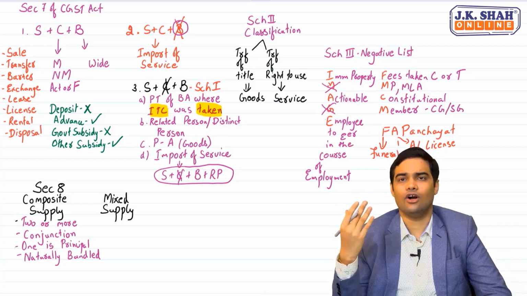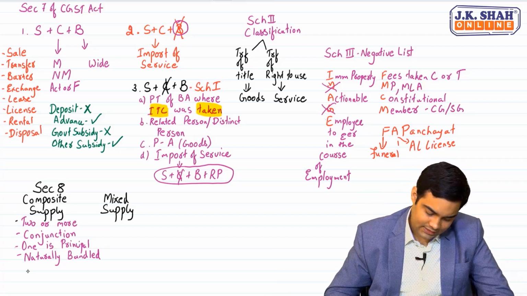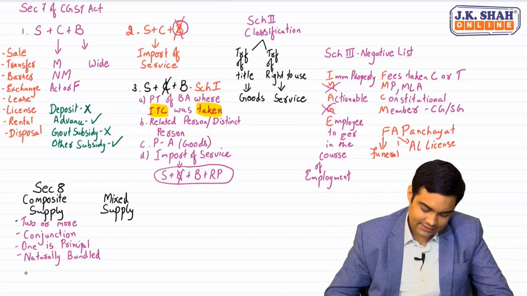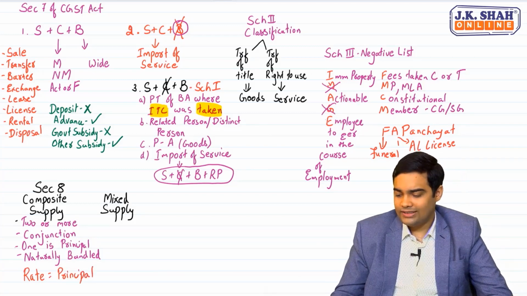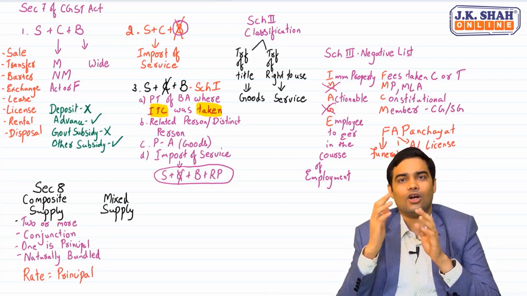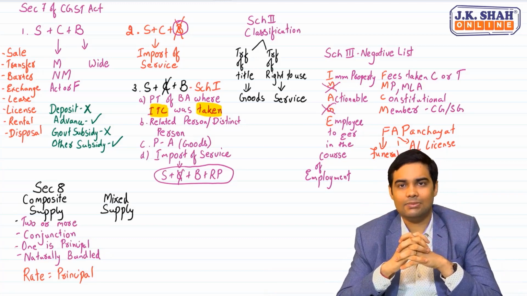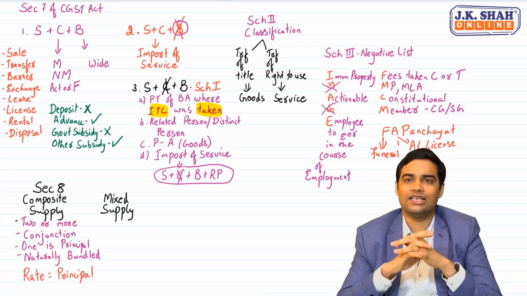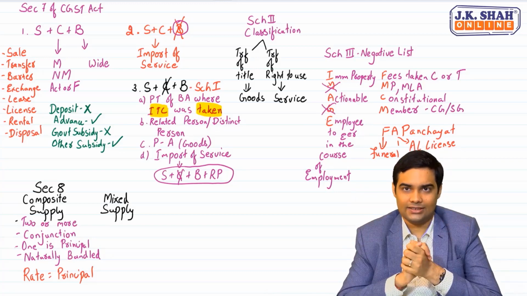That is the meaning of naturally bundled. If all these 4 are satisfied, then the rate of GST which will apply will be rate of GST of the principal supply. So, for instance, when I talk about hotel accommodation and breakfast, hotel accommodation is the principal supply and the rate of GST on entire bundle would be of the hotel accommodation.